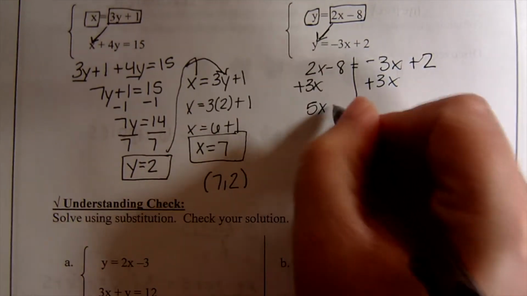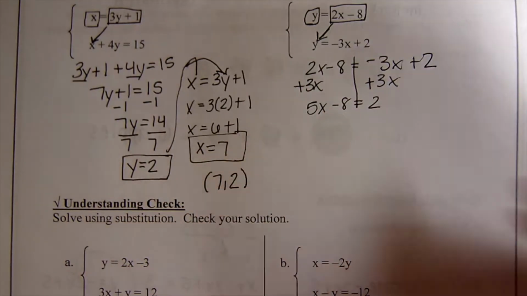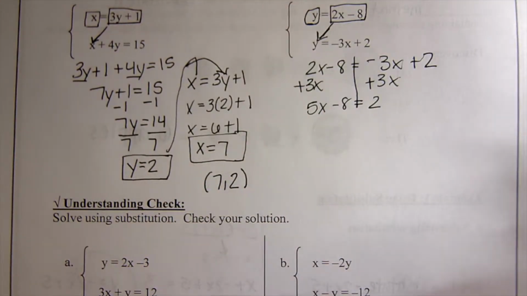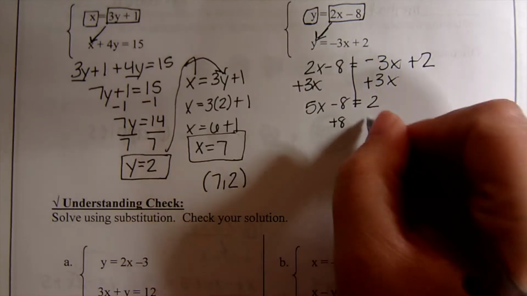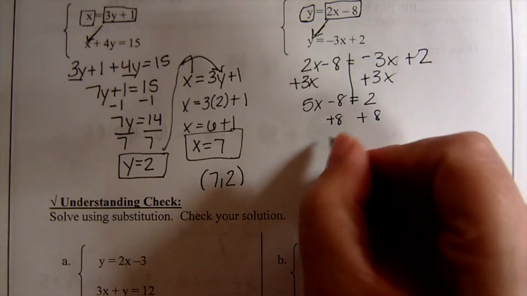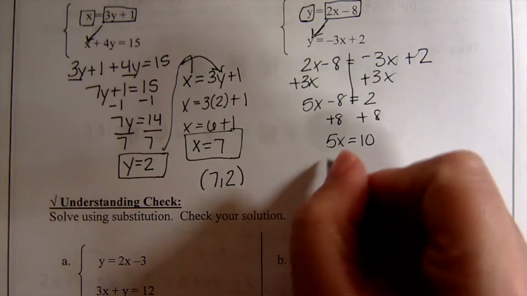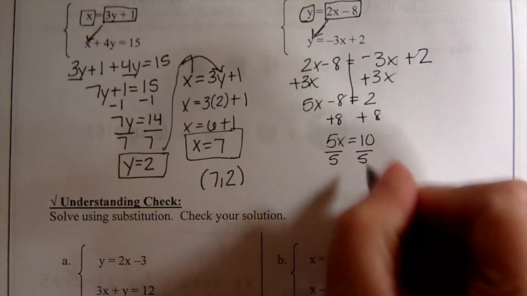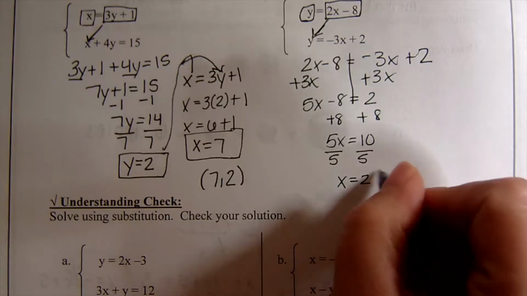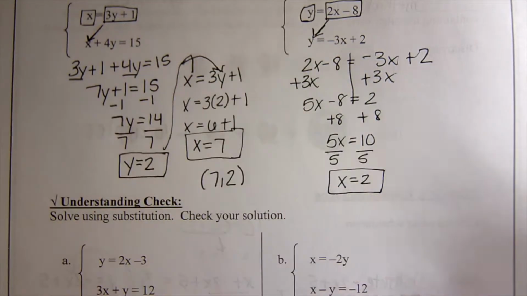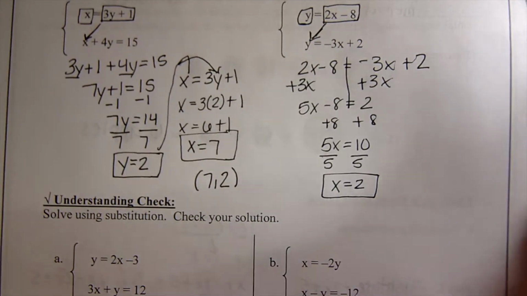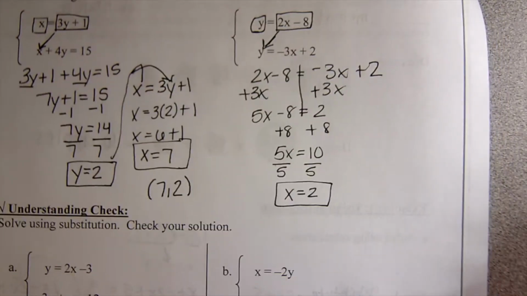So 5x minus 8 equals 2. And then what do I do? Add 8 to both sides. So 5x equals 10. Divide by 5. So x equals 2. And then what next? Find y.